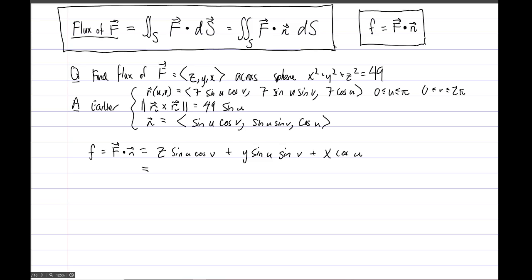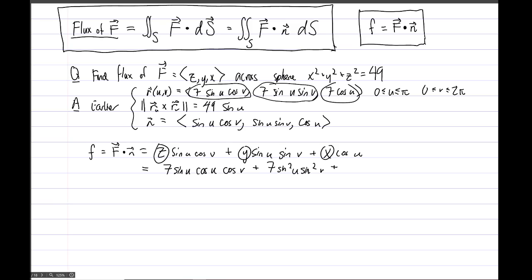So the z needs to get replaced with 7 cosine u, so we end up with 7 sine u cosine u cosine v, plus there's a y that needs to get replaced with 7 sine u sine v, so we can write this middle term as 7 times sine squared u sine squared v, plus the x needs to get replaced with 7 sine u cosine v, so x cosine of u can be rewritten as 7 sine u cosine u cosine v.